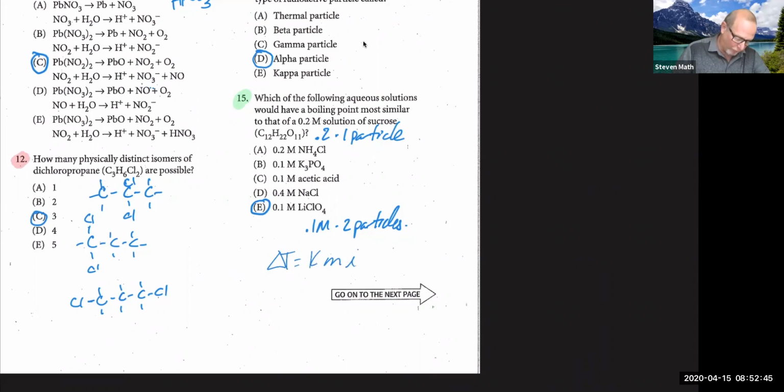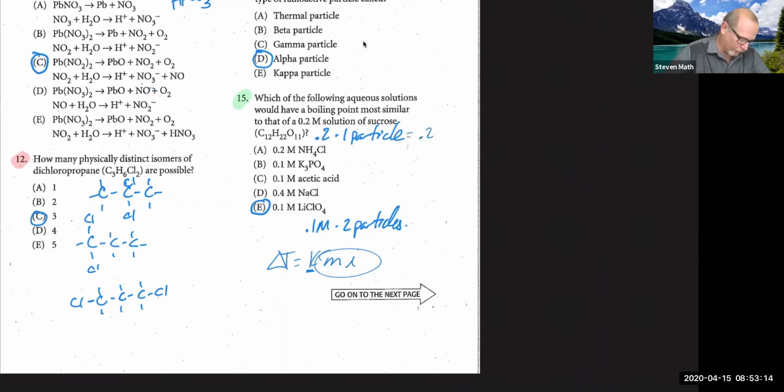So what we're looking for, since we can't change the K, we're looking for this combination of molality, or molarity, molality, it's not going to differ too much, to ionic particles. And so we had a 0.2 molar solution of sucrose. So that's 0.2 molar times 1 particle. Well, that's going to be 0.2.